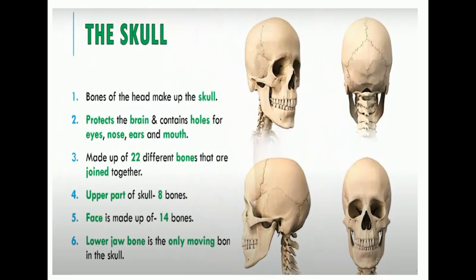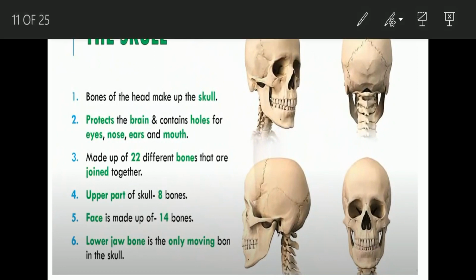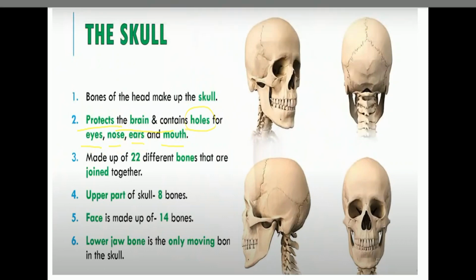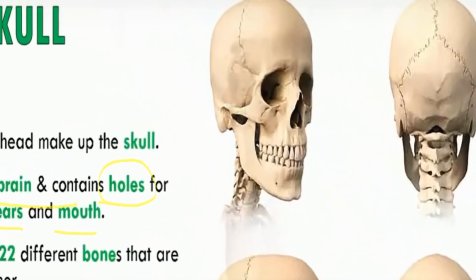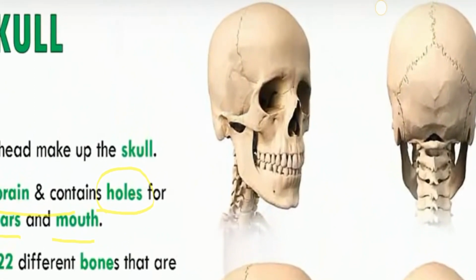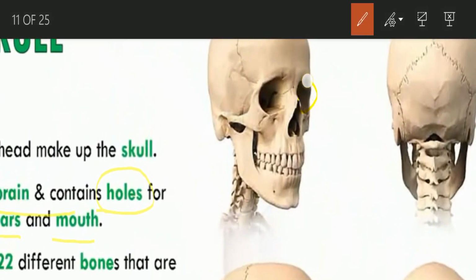The bones of the head make up the skull. It protects the brain and contains holes for eyes, ears, nose and mouth. As you can see, there are holes for your eyes, your nose, your mouth and your ears.